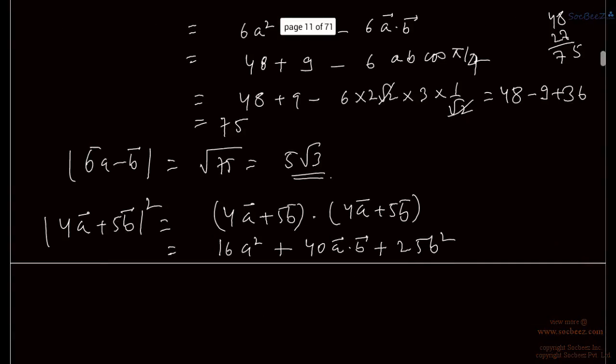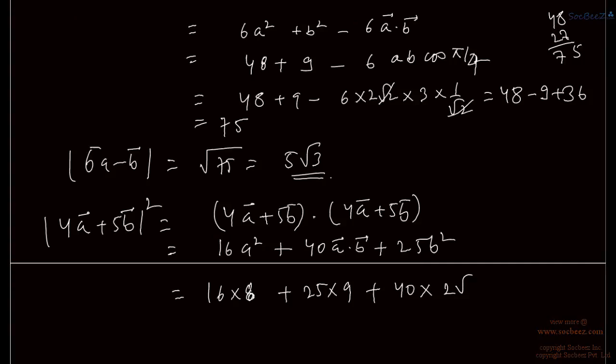Putting the magnitudes, a is 2 root 2, that means 8, 16 into 8, plus 25 into 9 plus 40 into a dot b, which is 2 root 2 into 3 into 1 by root 2.